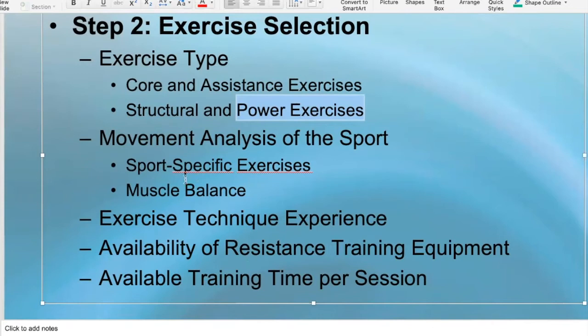And we need to make sure that we're doing flexion and extension exercises, abduction, adduction, internal, external rotation, balancing leg, arms, core, back. We need to make sure that we're balancing muscles out, balancing your concentric and eccentric muscle ability, the ability to generate power and absorb power.